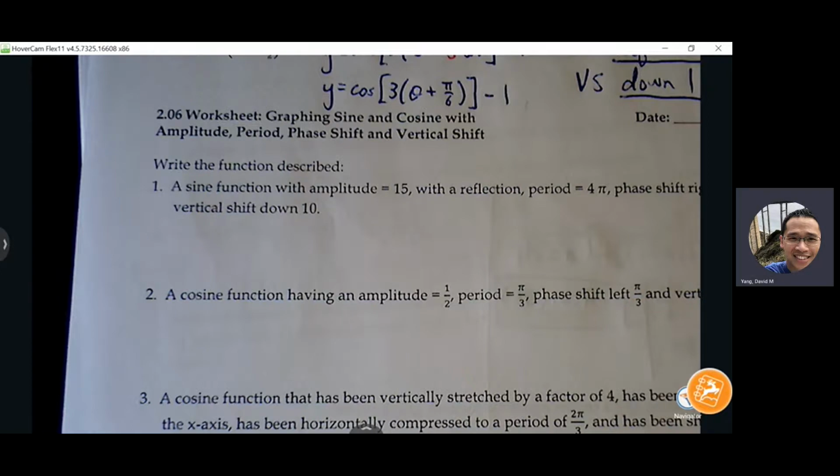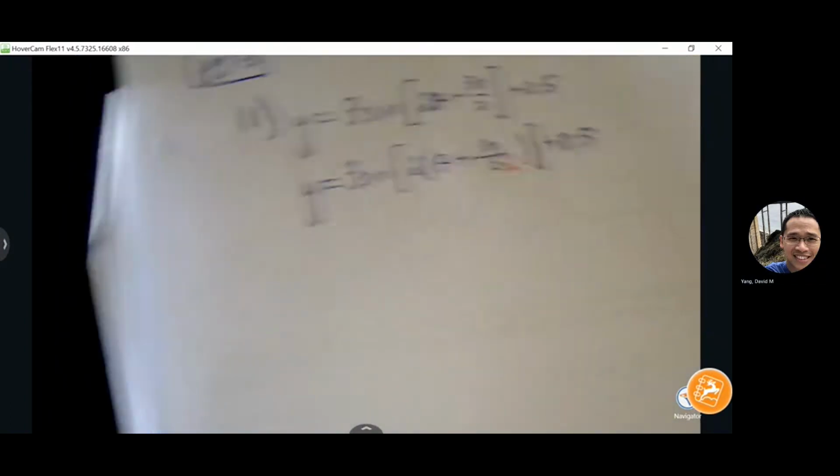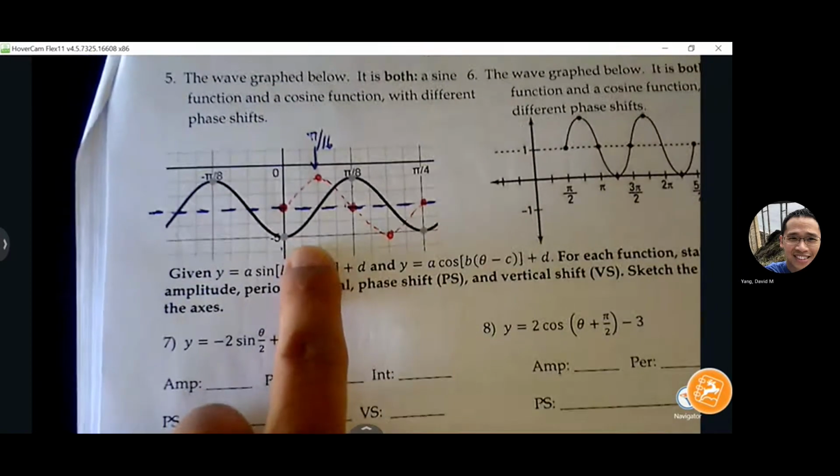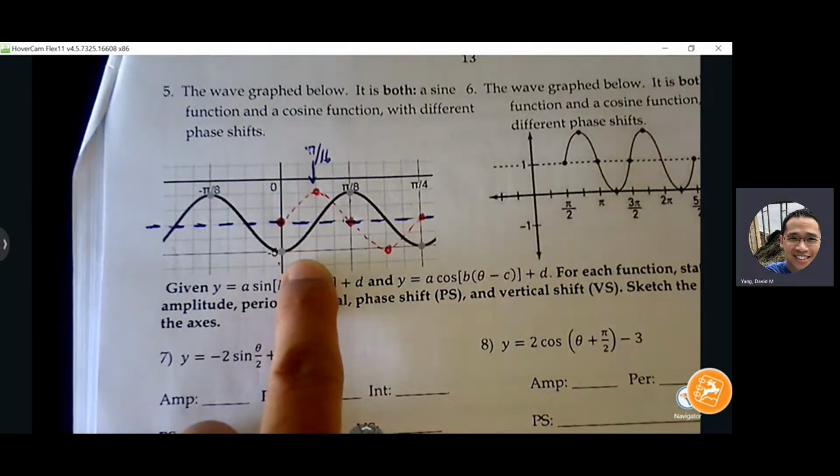Yes. Sorry, Darren. When we're making the sine graph, how do we know that shifting over one interval would get us the graph? You mean the number 5, this previous one that we did?